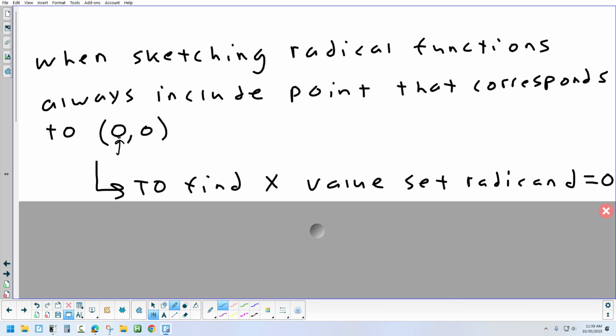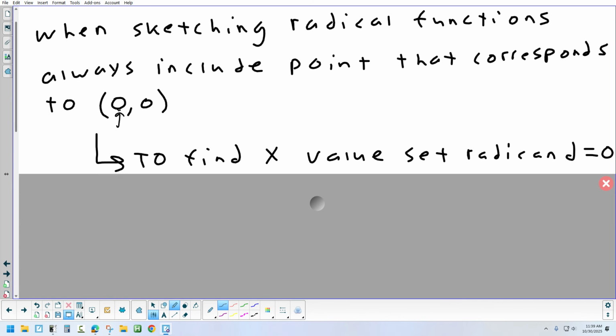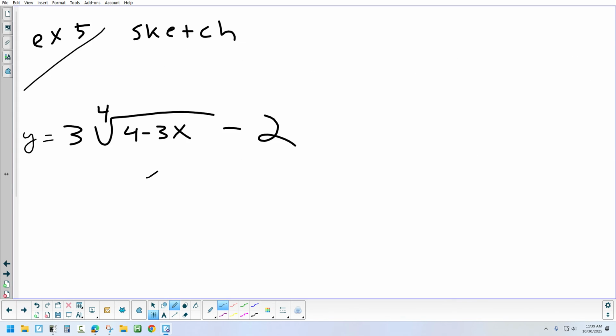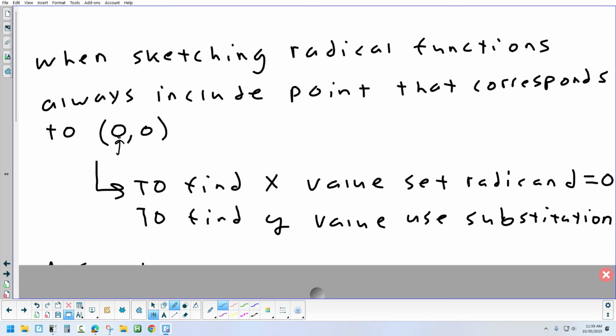So once you get your x value, you'll have a formula kind of like this. You get your x value first by doing what I said. Take that number and plug it back in, simplify, and then you'll get your y value.